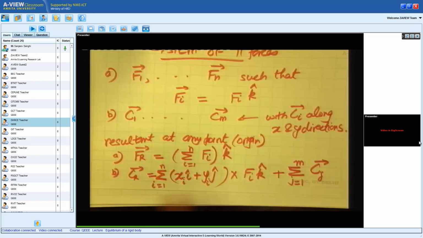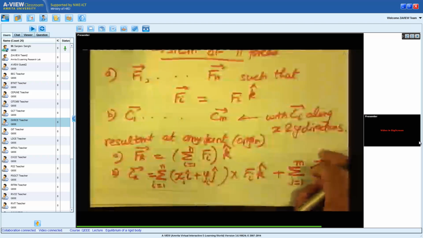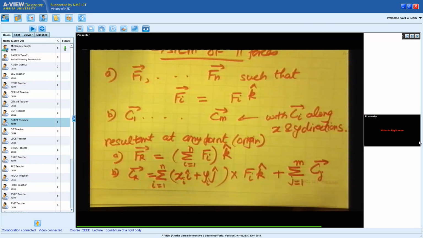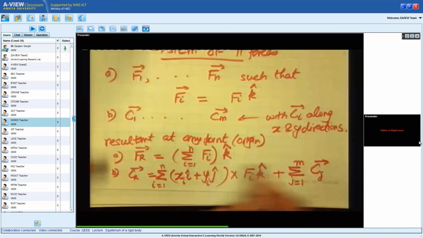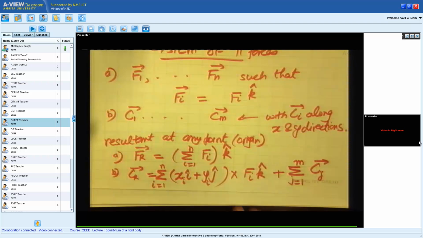Is this line clear? See, in most of the practical systems you will come across, maybe the couple part will not be there in the original system. We'll only have parallel forces. So we have found the resultant at any one point, and let's say we have found it at the origin. So now the resultant consists of two parts.